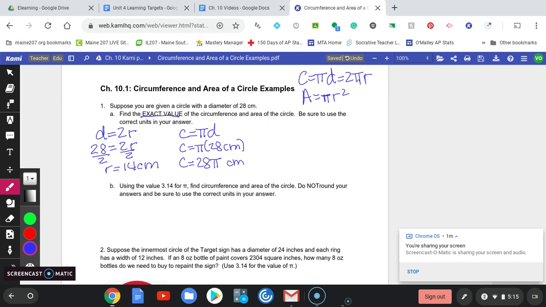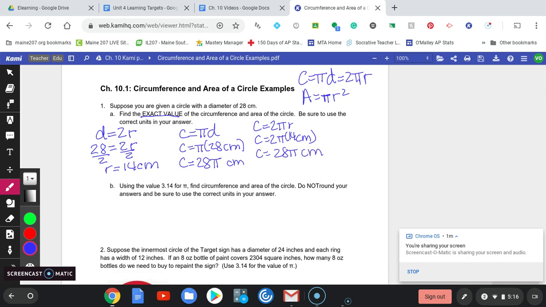Because pi goes on forever in terms of the decimals, and the minute you stop writing down a decimal, it's no longer exact. So you just want to leave 28 pi when they ask for an exact answer. If you had chosen to use circumference equals 2 pi r, it's still pretty much the same. You would substitute 14 centimeters in for r, and you still get 28 pi centimeters.